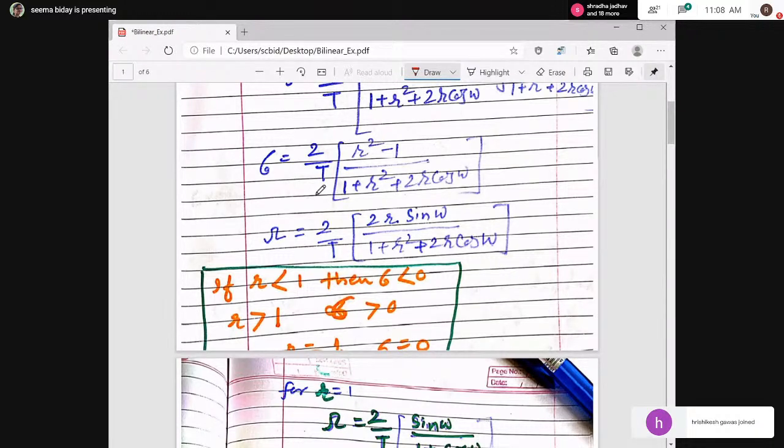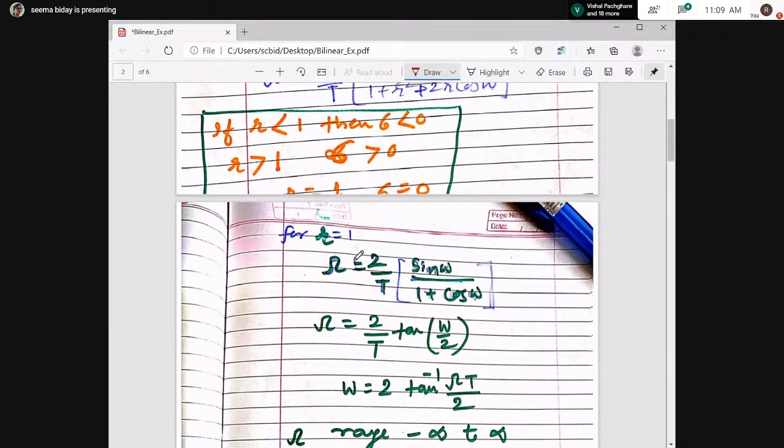If r is less than 1, sigma will be negative, right? If r is greater than 1, sigma will be positive. If r equal to 1, sigma will be 0. Is this okay? Now, what is sigma? It is the left side of the S plane. What is r? It is the radius of the circle in the Z plane.